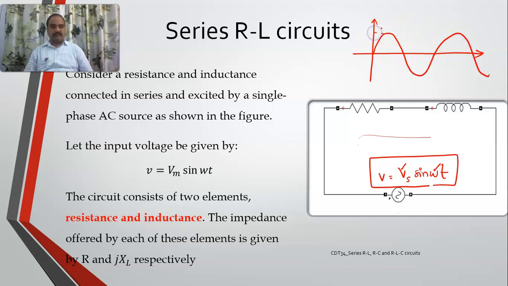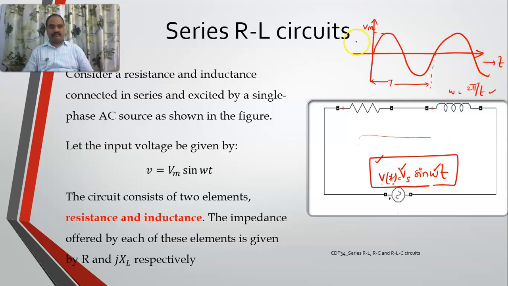This is the value of Vm and I'll take this one as the time period, and omega is equal to 2 pi by T. Then it is given by the mathematical equation v of t, the instantaneous value of voltage, is equal to Vm sin omega t.